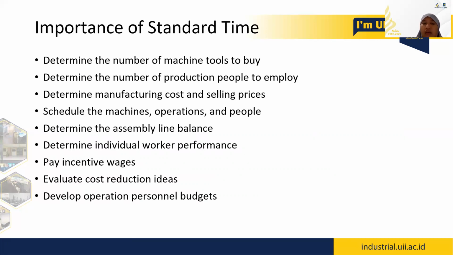Okay, the standard time basically will help the company to have a setup or rules for the company itself, the number of machineries needed, and also how each of the workstations in different lines actually has the same target and the same result or goal.